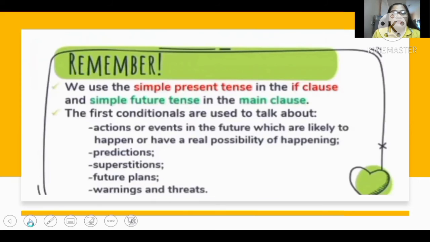We use the simple present tense in the if clause and the simple future tense in the main clause. The first conditionals are used to talk about actions or events in the future which are likely to happen or have a real possibility of happening, such as predictions, superstitions, future plans, warnings, and threats.